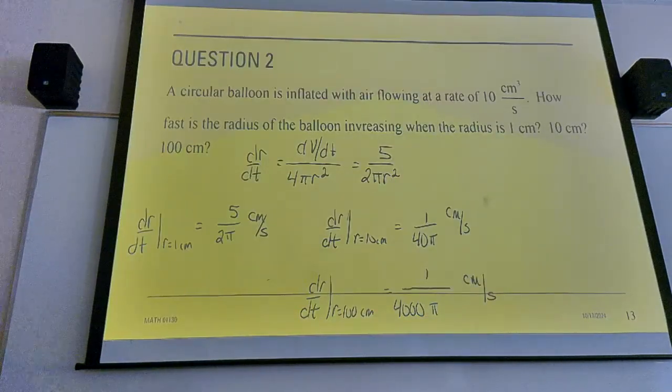Right, in this case, notice that our rate of change is inversely proportional to the square of the radius. So this happens to be an inverse square relation.